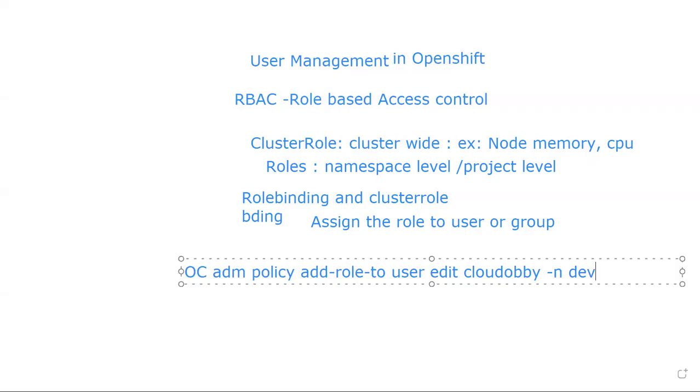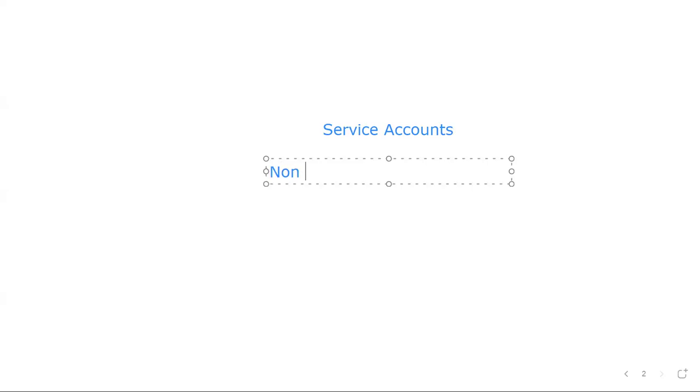Now, non-human accounts, or service accounts. That is very important in OCP, so we need to talk about service accounts. What is a service account? It's a non-human account. It's not a username that a human uses.